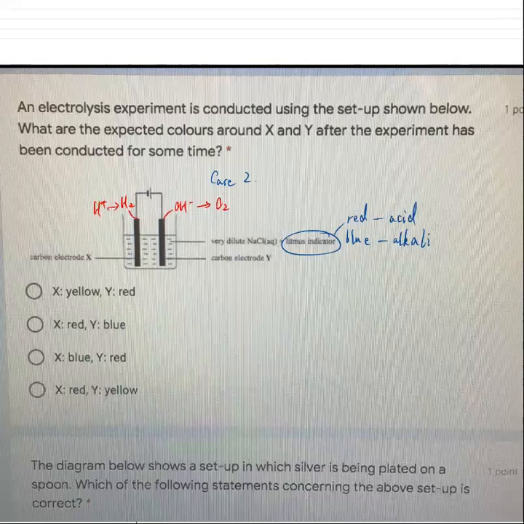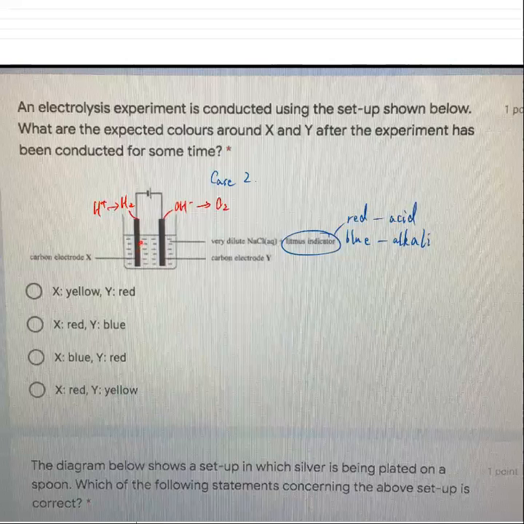On the left-hand side, at the negative electrode, since we are using up H+, there should be an excess of hydroxide ion near the negative electrode. Hence the pH will change accordingly. If we got more hydroxide ion, OH minus, the solution around this negative electrode would become alkaline.